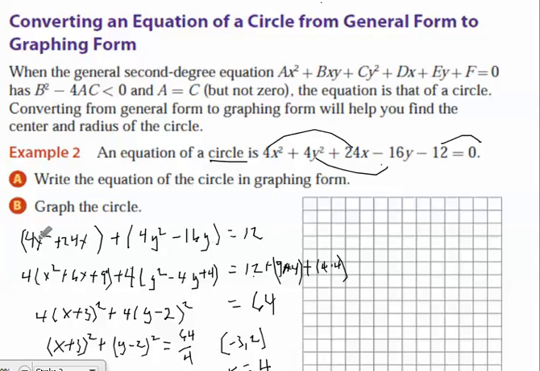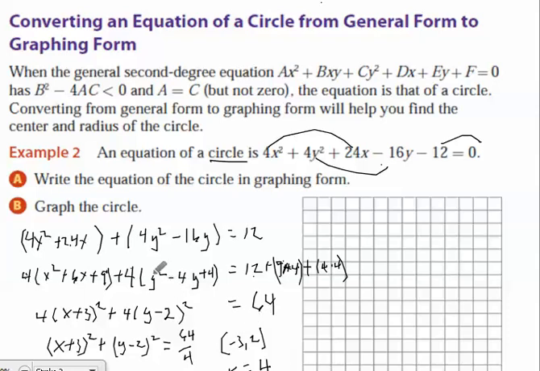I'm going to factor out the number in front of the x squared. So 4 times (x squared plus 6x). 24 divided by 4 is 6, right? And then to complete the square, I divide the 6 by 2. It gives me a 3. 3 squared is 9. I'm going to add 9 onto this equation. It means I need to add 9 onto the other end of the equation, but it was multiplied by 4, so it's 9 times 4 that I'm adding on over here.